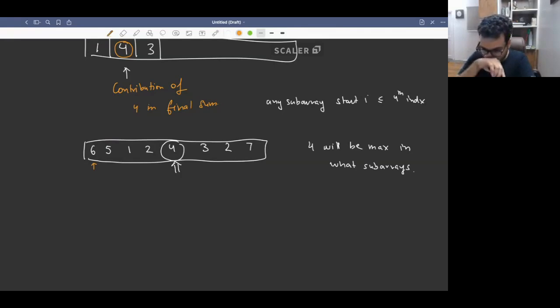Fine. So what I was saying, any subarray that includes 4, right? So if I say the subarray starts with 6, will it ever include 4 as a maximum element? If a subarray includes 6, can 4 be the maximum? No, it can never be, right? So what I'm looking for, all possible places, like all subarrays that start with 1 and include 4.